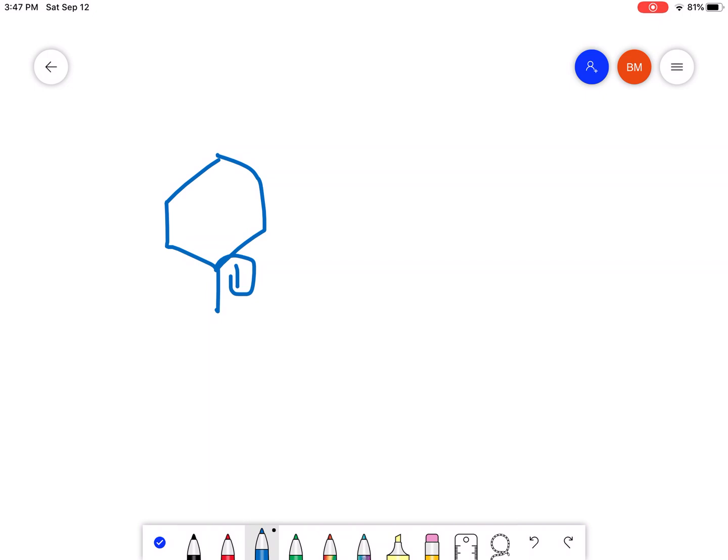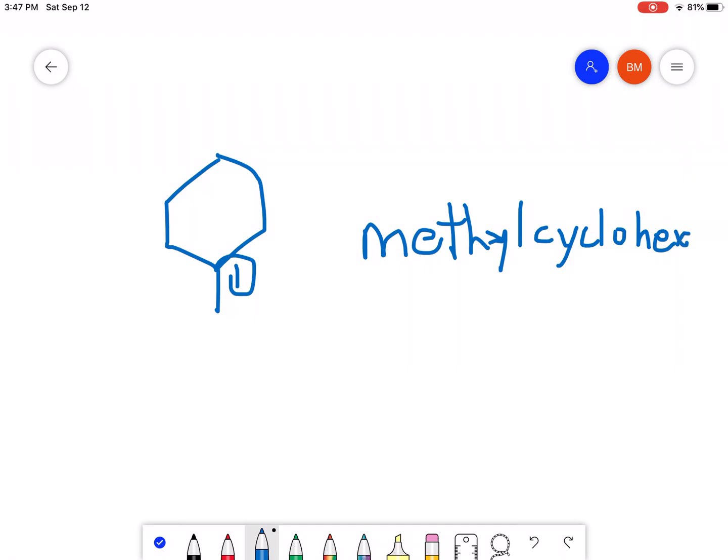That makes it very, very easy. Okay? In fact, in something like this, because it's understood to be at carbon number 1, you don't even have to write 1-methylcyclohexane. Although if you did, I wouldn't mind, and I wouldn't count off for it, but since it's understood, you can just write it as methylcyclohexane. No matter where you put the methyl group, that methyl group is going to be on carbon number 1.